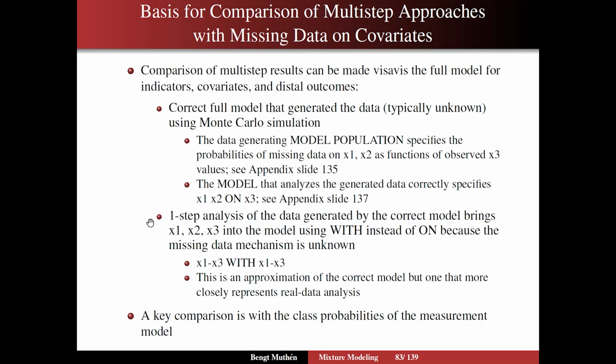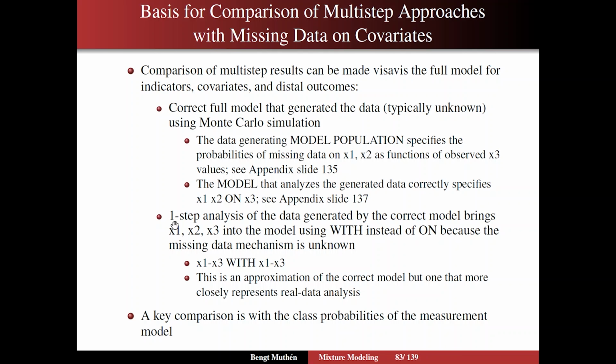Another comparison is the one-step analysis of the data generated by the model that we know is correct, but bringing x1, x2, and x3 into the model using with instead of the on that we have here, because the missing data mechanism is unknown. So this is most close to the situation with real data.